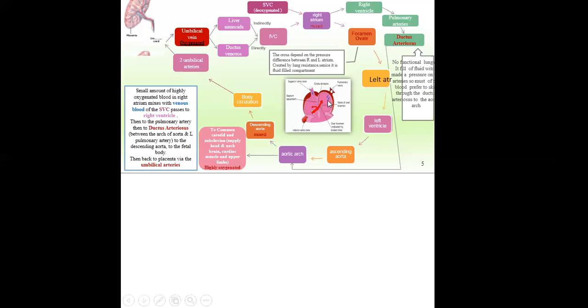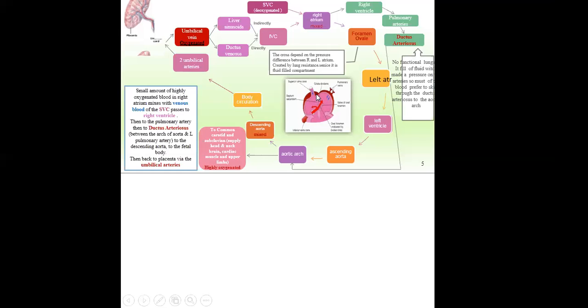Now, how does it reach here? Here we have an opening. In the beginning, we said that we will stress upon three structures. One of them is here, the foramen ovale, because it has a valvular mechanism.